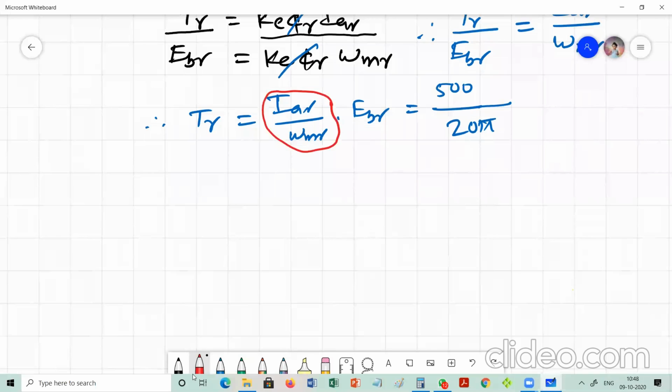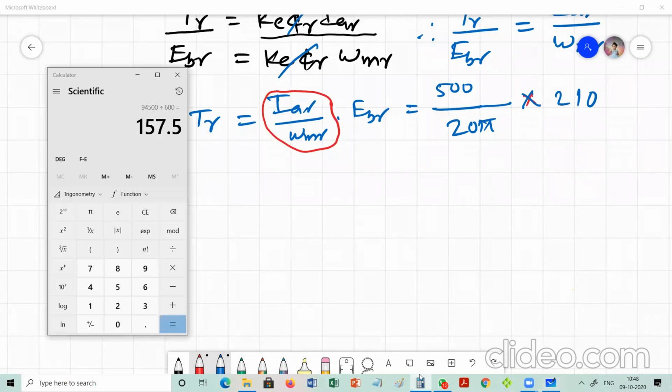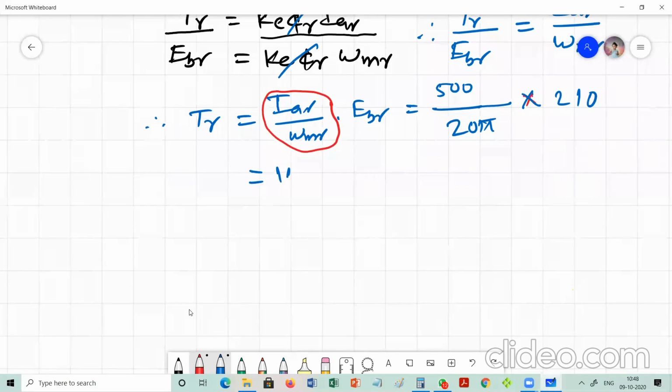500 divided by 20 pi into EBR, which is 210. So 500 into 210 divided by 20 divided by pi is equal to 1671.13 Newton meter.